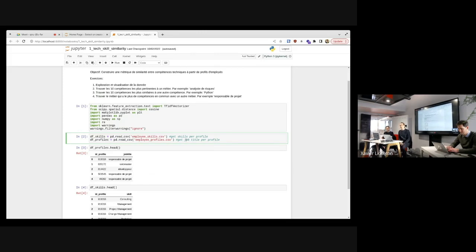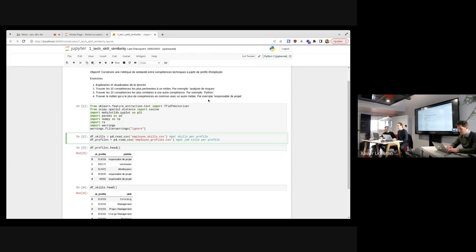Also finding the top 10 skills for a specific occupation. So if you're a data scientist, what are the top 10 skills that you should know according to this data set? Then find the top 10 skills that are the most similar to a given skill. So what are the top 10 skills that are most similar to Python, for example?